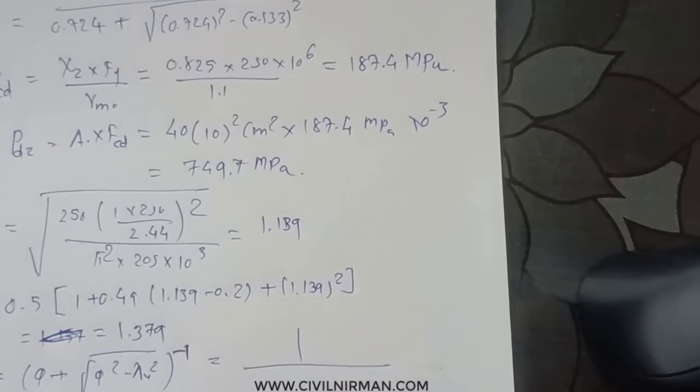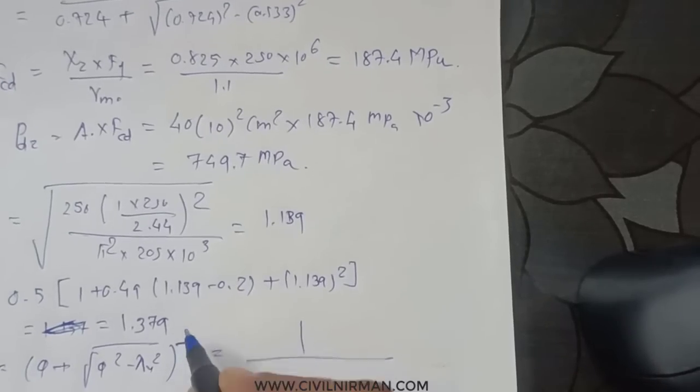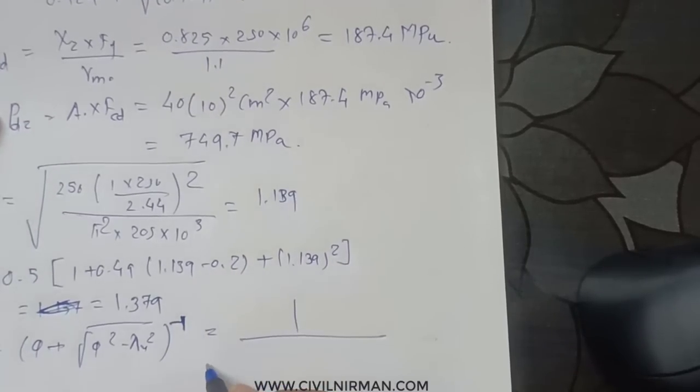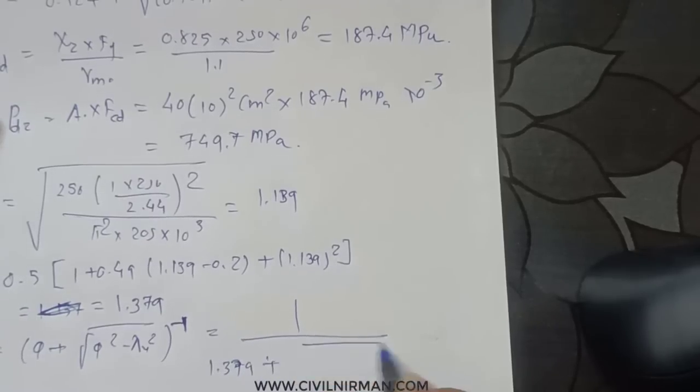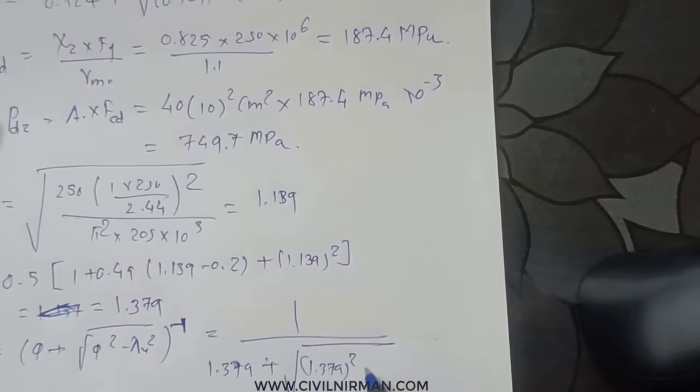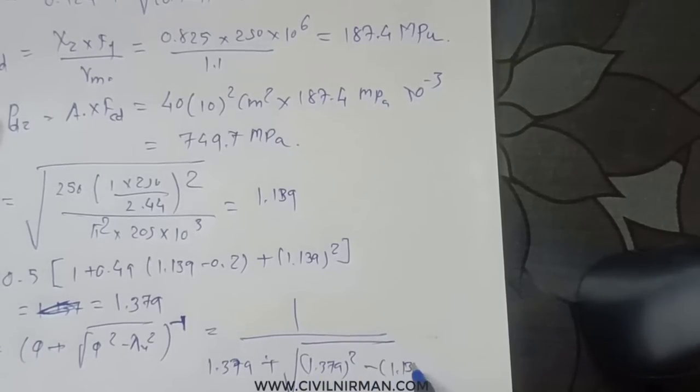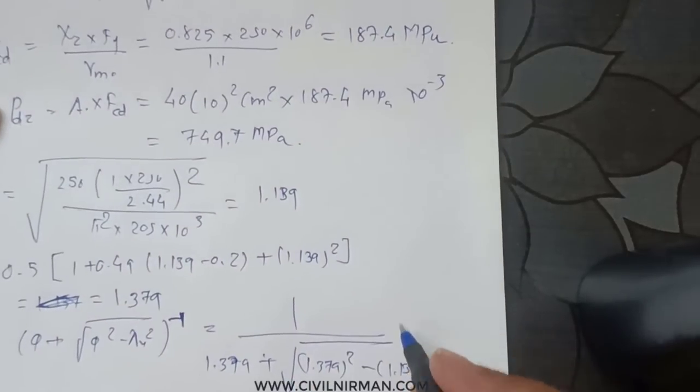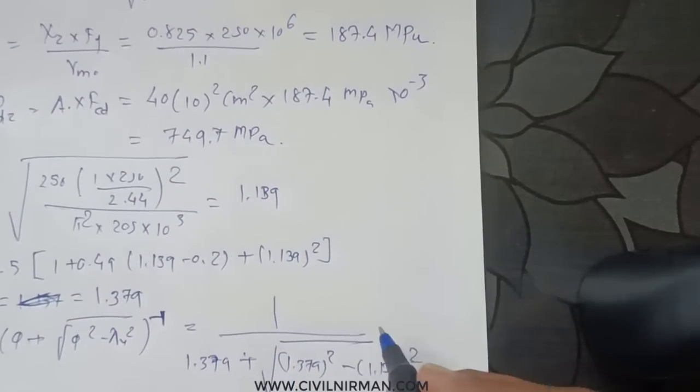So we get the value as 1.379 plus the value of phi square minus 1.139 that we have got earlier, right? So I'll get the value as 0.464.